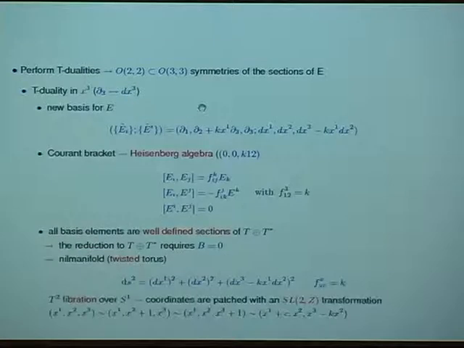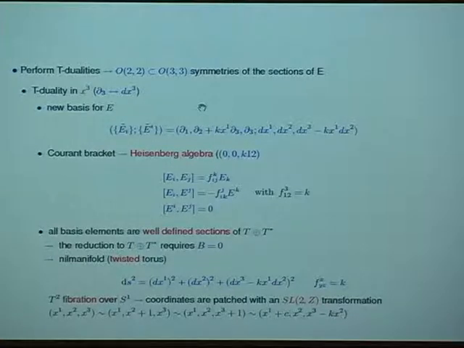In this picture, the fibers of the generalized tangent bundle have an O(3,3) symmetry. They have an O(3,3) structure group, and we can interpret T-duality simply as a subgroup of this symmetry. So T-duality is simply a rotation on the basis of the E's.